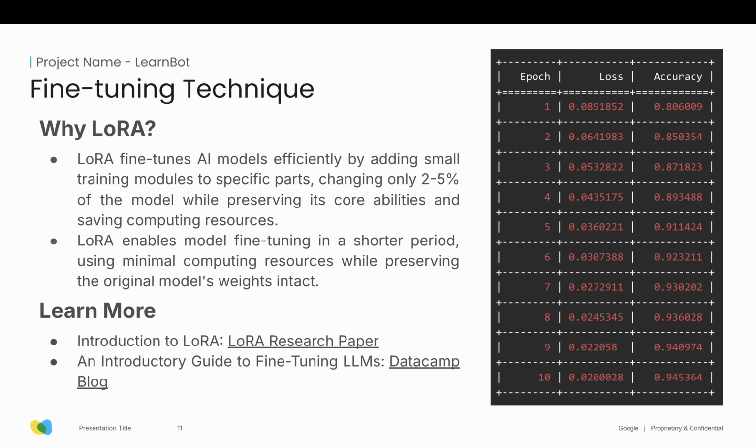If you want to learn more about the LoRA technique, you can find two links attached to this page, titled LoRA Research Paper and Introduction to Guiding Fine-Tuning LLMs by the DataCamp platform. I have also attached a screenshot of my approach, loss, and accuracy while fine-tuning my model.